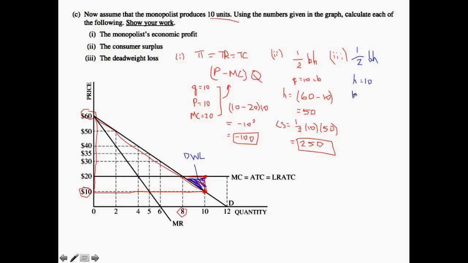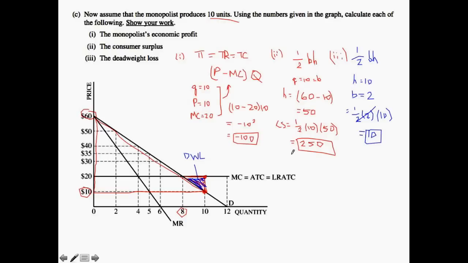So your base is going to equal 2. And then plugging that in, we know that deadweight loss is equal to 1/2 times 2 times 10. And then these cancel, so we're just left with a deadweight loss of 10. Box that. And that's it for part C.